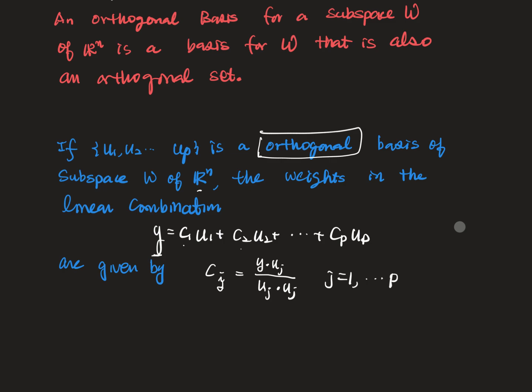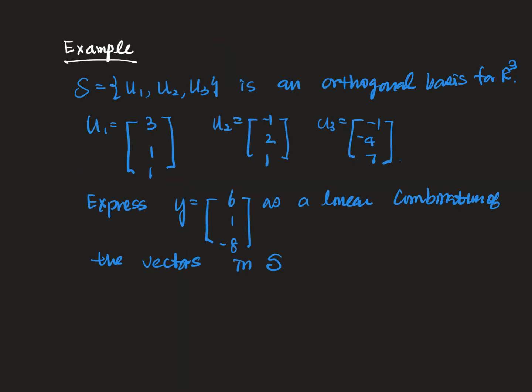I'm going to give a very specific example on the next slide. Here S is an orthogonal basis. This is a basis, and these vectors are orthogonal. Then how can I find the linear combination of u1, u2, u3 that gives the vector y?